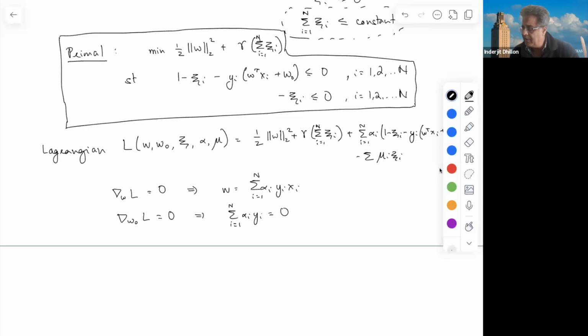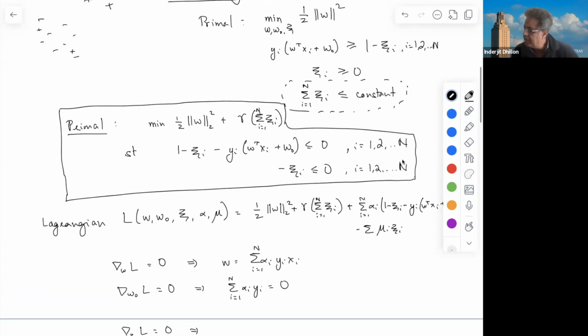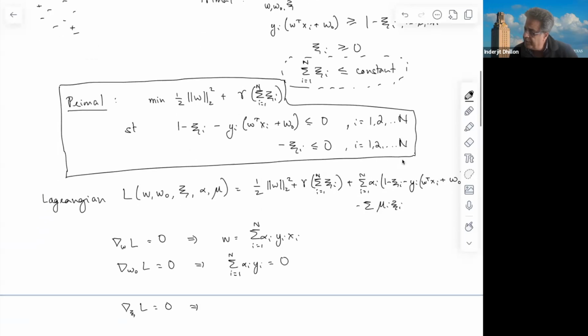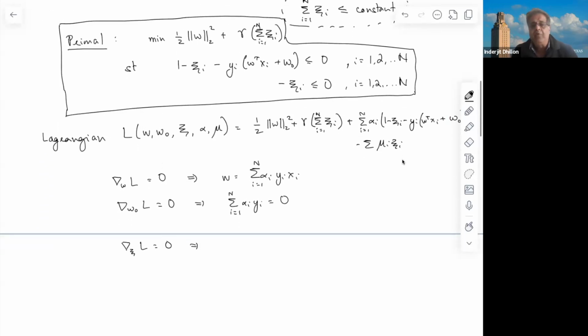And then the new part is the gradient with respect to psi. Psi occurs over here and over here.